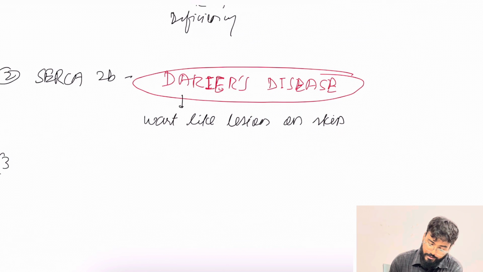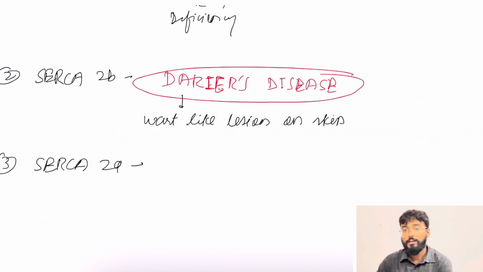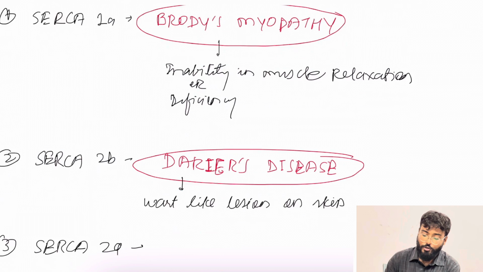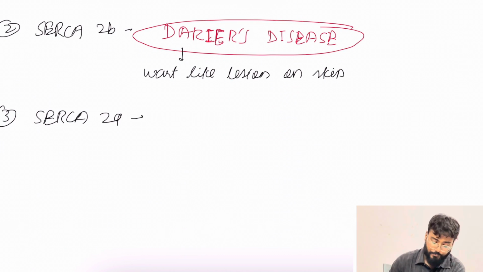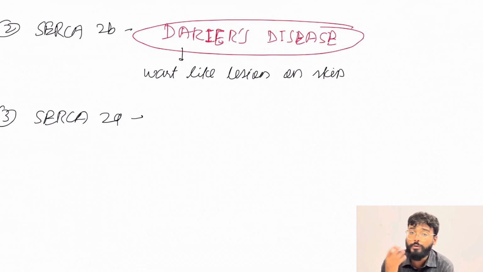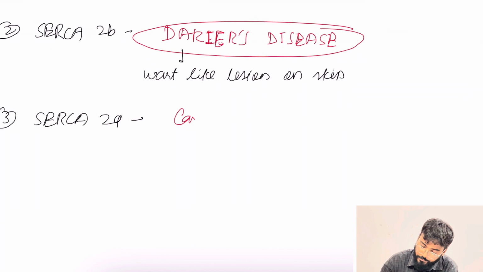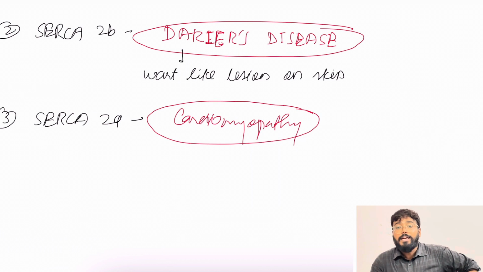Now, what if your SERCA 2A is defective? Where is SERCA 2 present? It is present in cardiac muscle and also in slow twitching muscles. So focusing on SERCA 2A that is present in cardiomyocytes, you will have cardiomyopathy, that is due to defect in calcium movement.